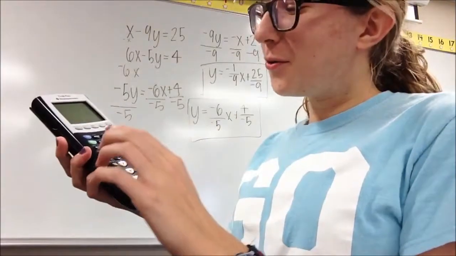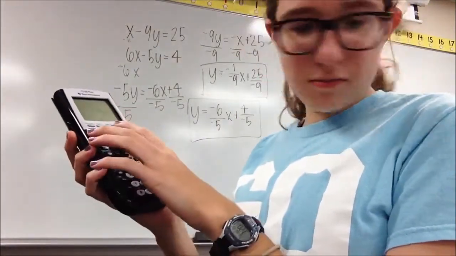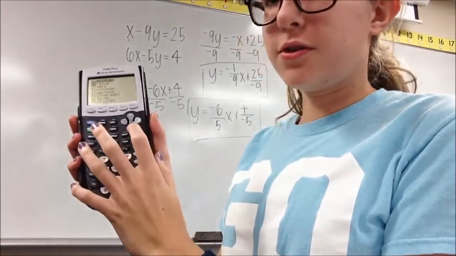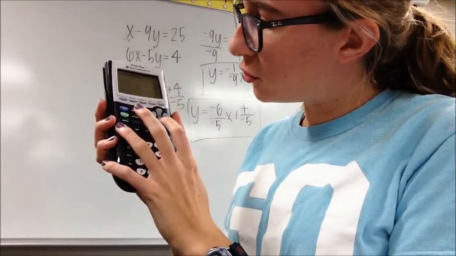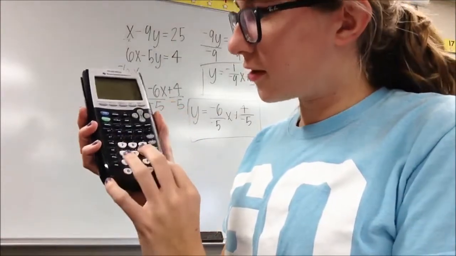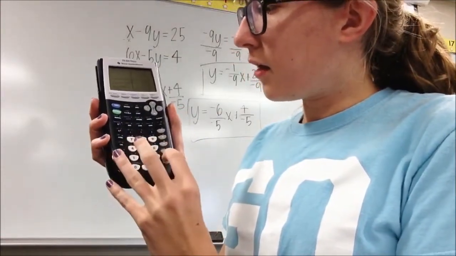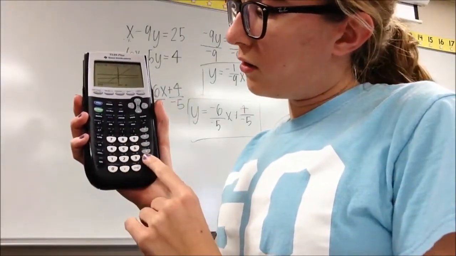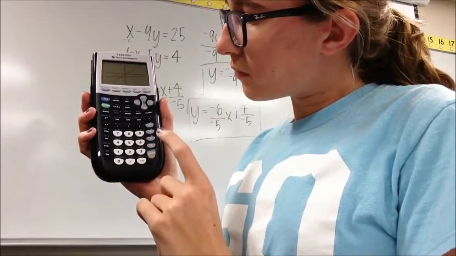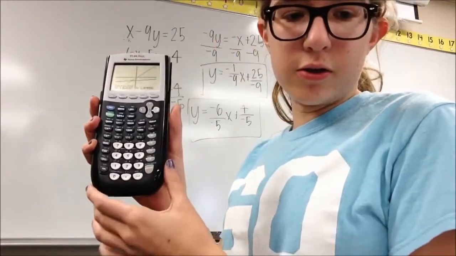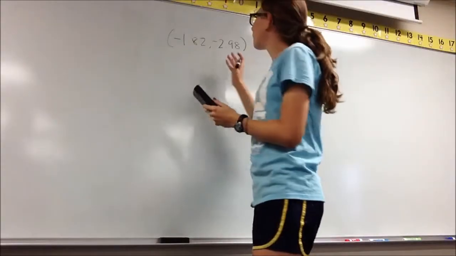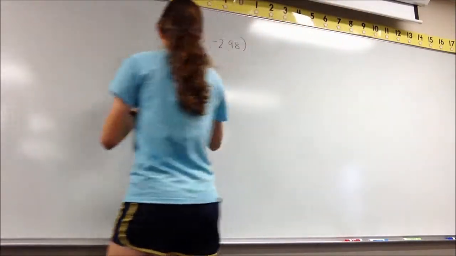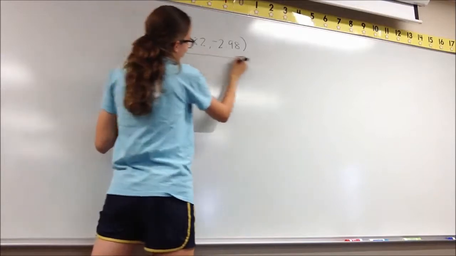Now you go to second trace, and then you scroll down to intersect and hit enter, and then you hit enter 3 times and it will find the point of intersection, which will be your solution. So the intersection point, this is what I got, and then you're going to draw what you see.